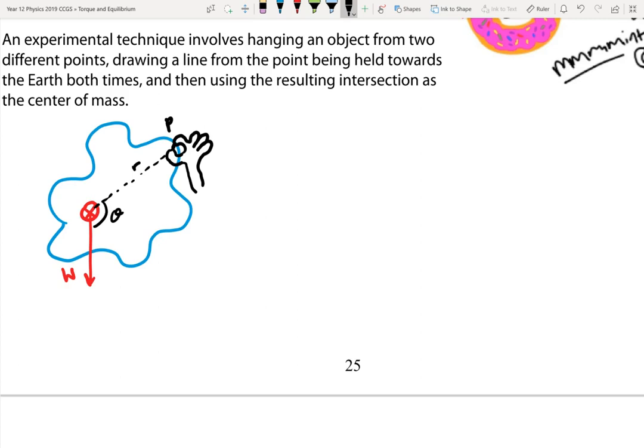Now, I know it's positioned itself so that there is no net torque. The only way that can occur is if the weight force is acting directly beneath the pivot. What that does is it sets the angle between the force and the line of action to 180 degrees. At 180, there is zero torque.